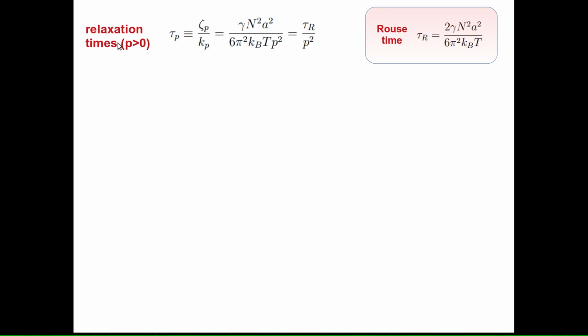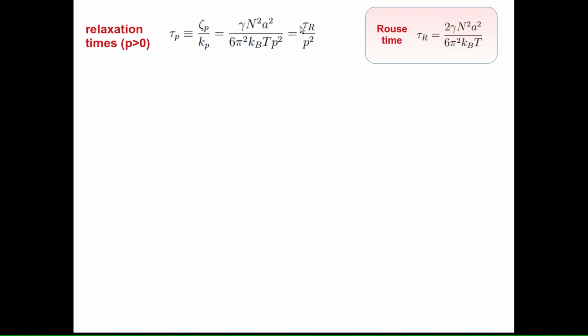For p larger than 0, because p equal to 0 is a special case, I can write it out completely. I have a quantity divided by p squared, and this quantity I call tau R, which is the Rouse time, or the longest relaxation time, because every mode has a different relaxation time.